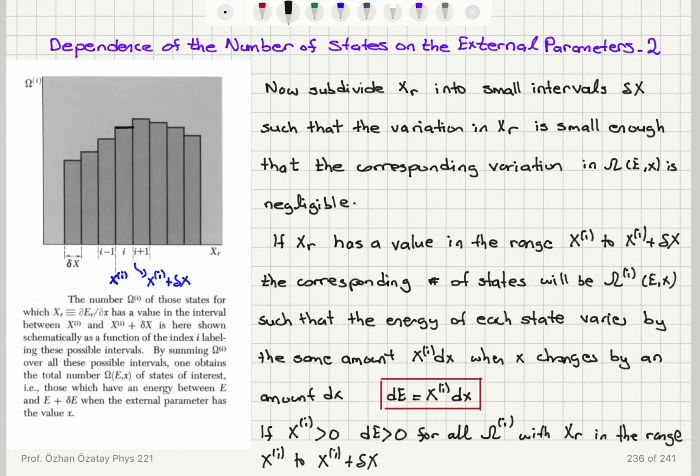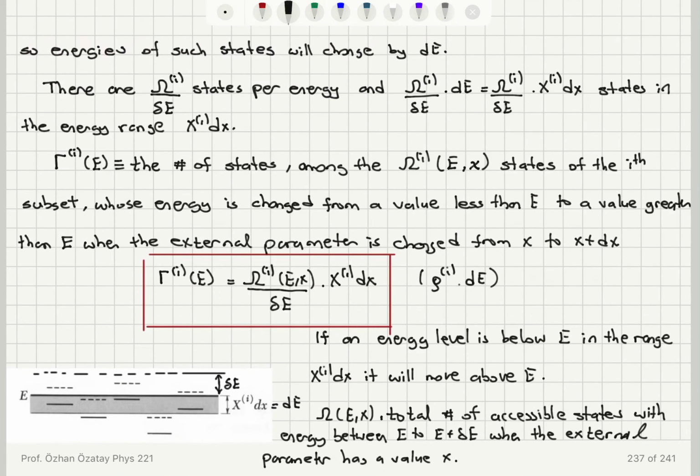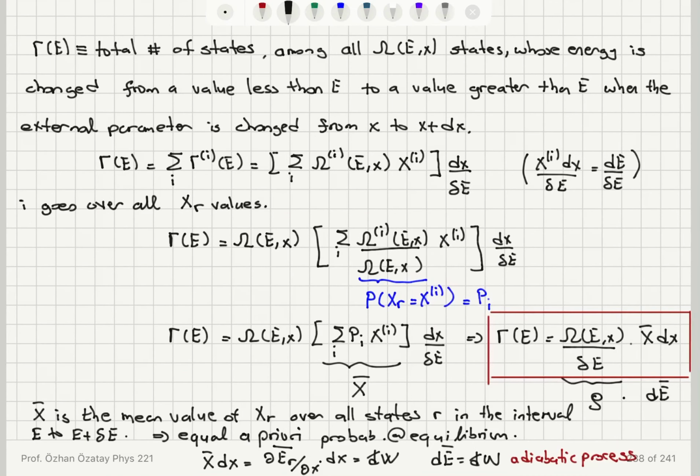So i goes from the initial value to the maximum possible value, so that I will be covering all xr values. So gamma of E is basically the summation over i of gamma i of E.